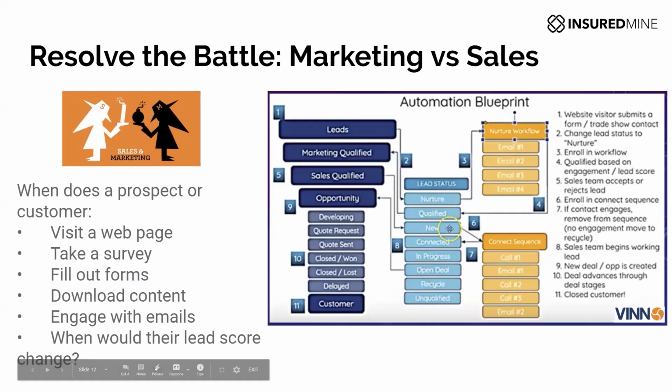So one of the age-old business complaints is that there's a disconnect between marketing and sales. But when leveraged well, this can be resolved through marketing automation. So when does a prospect or a customer visit your webpage? Take a survey, fill out forms, download content, engage with your emails.